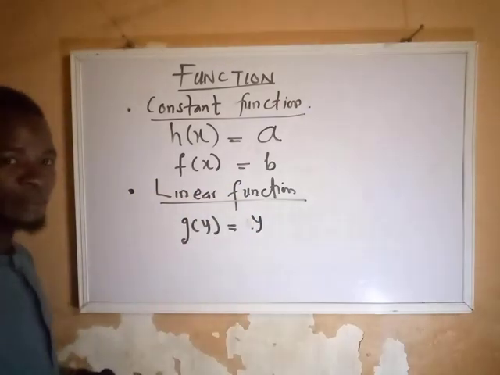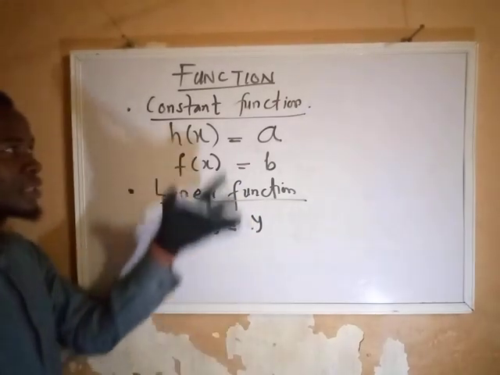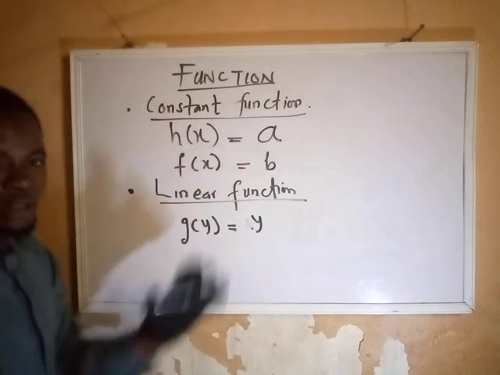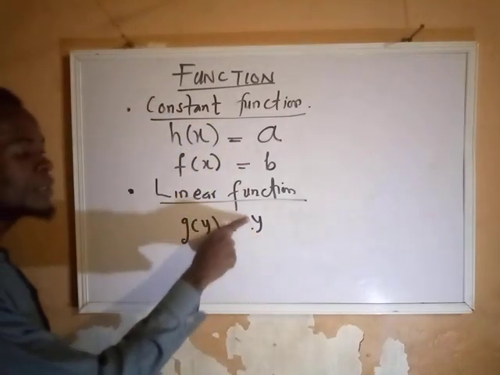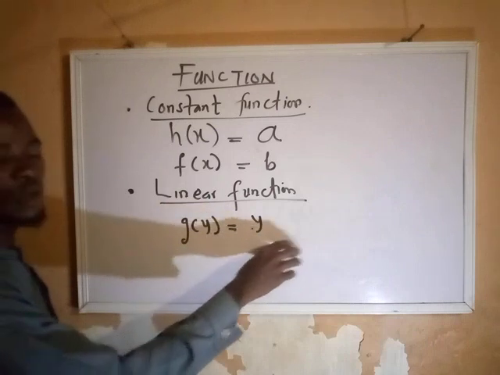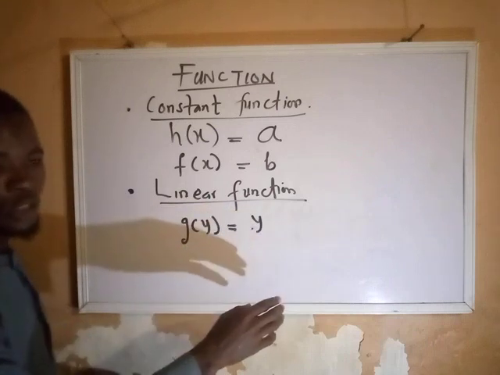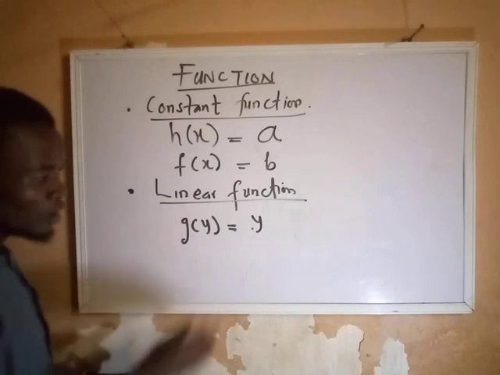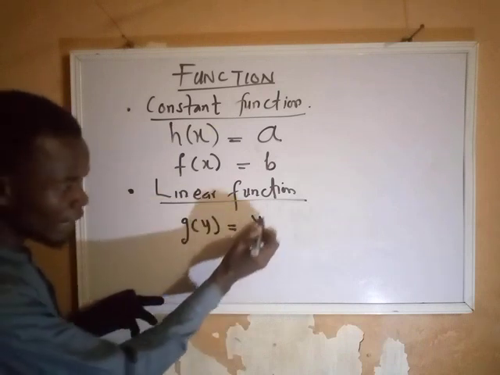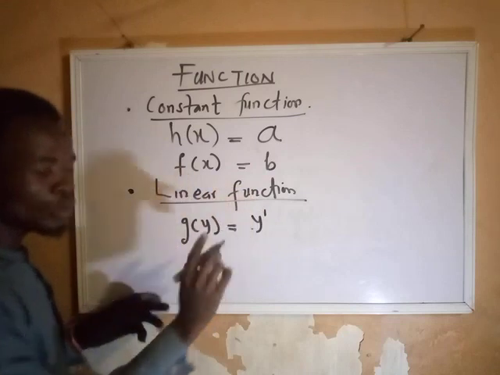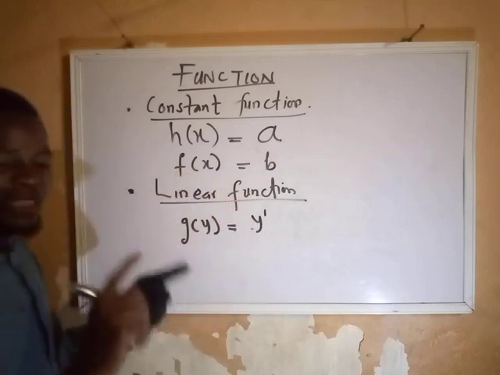I wanted to write x before, but if I write x, we are still referring to a constant function, because any value we have here must be part of this other side. But if you check the highest power of this y, the degree equals 1, so we call this a linear function.